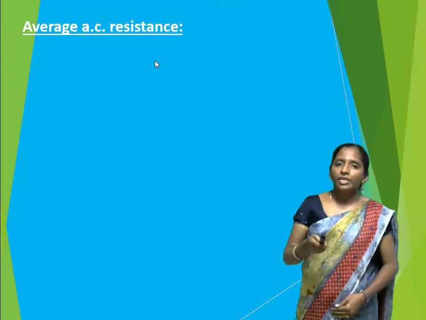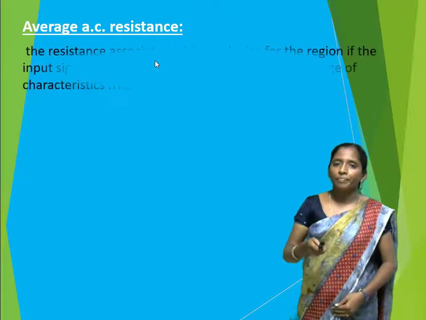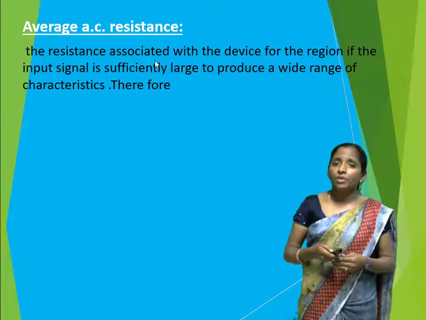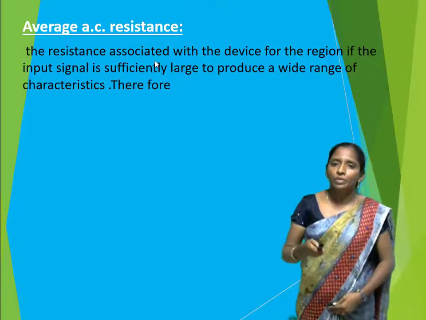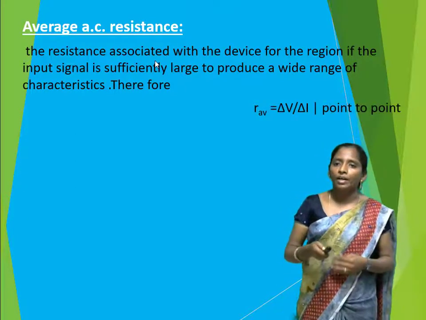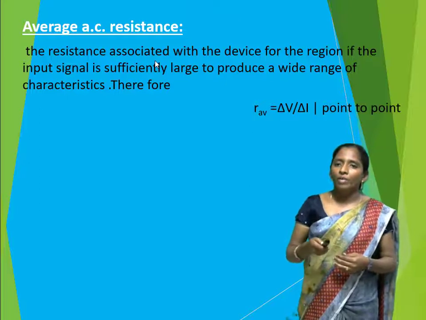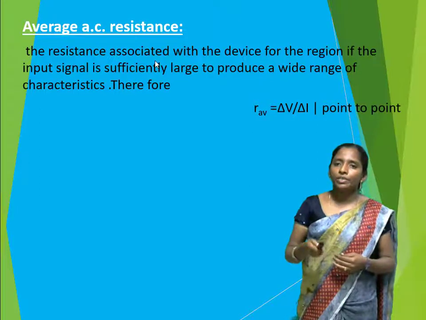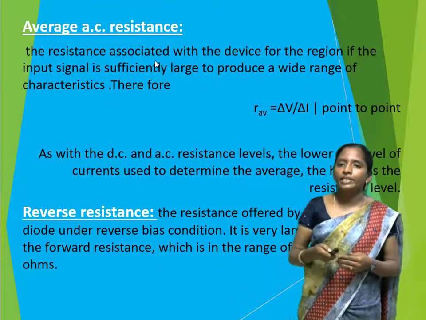Average AC resistance is the ratio of the change in voltage to the change in current, but here we take a number of values for voltage and current, average those values and take one average value. If the current is high, resistance is low.